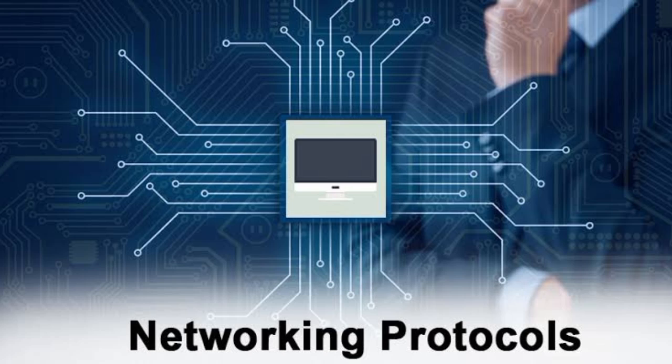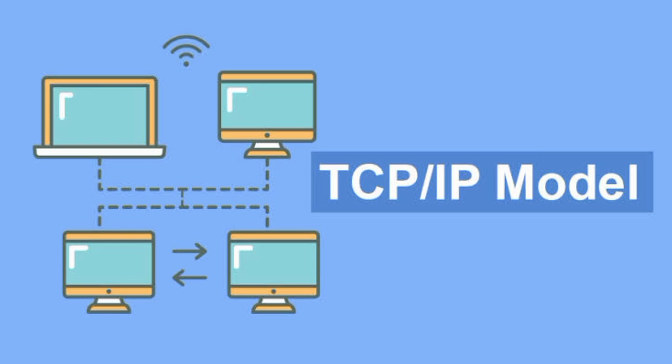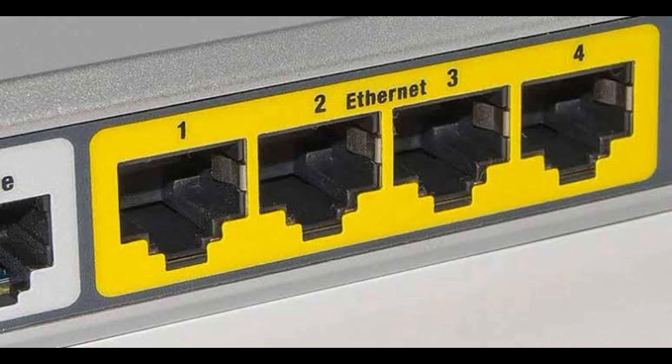On network protocols, we have three major network protocols, which are the Ethernet, the TCP/IP, and the wireless. So I'll be taking the Ethernet first. The Ethernet protocol is the most popular and oldest LAN technology, that's the local area network.